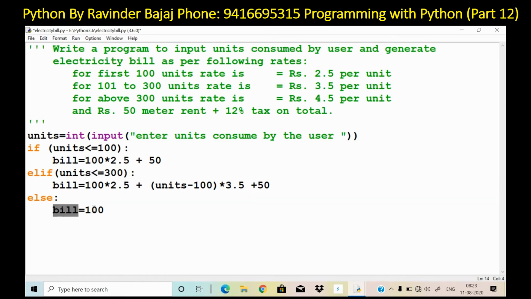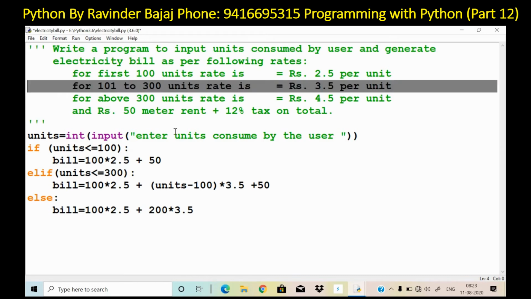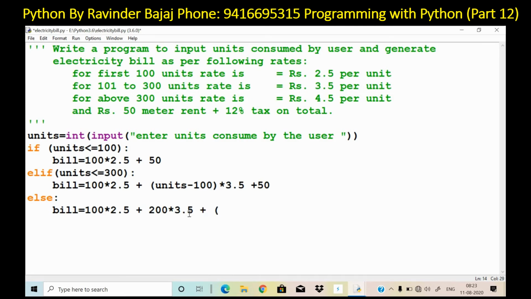So for greater than 300, the first 100 unit charges are 2 rupees 50 paise. Next 200 charges, means between 100 and 300, see here it is given 101 to 300 units rate is 3 rupees 50 paise, plus units minus 300, because 300 unit charges we have already taken here, 100 plus 200 charges.